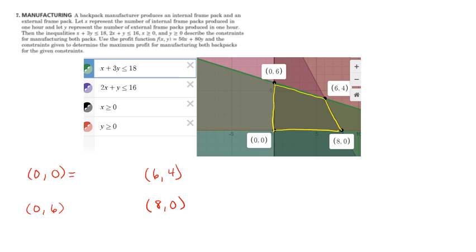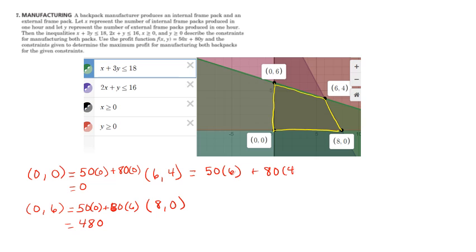So our function is 50 times X plus 80 times Y. So (0, 0), I would make no money. All right, 50 times 0 plus 80 times 6. So 0 plus 80 times 6 is 480. So $480, that's how much I make that hour. (6, 4) would be 50 times 6 plus 80 times 4.